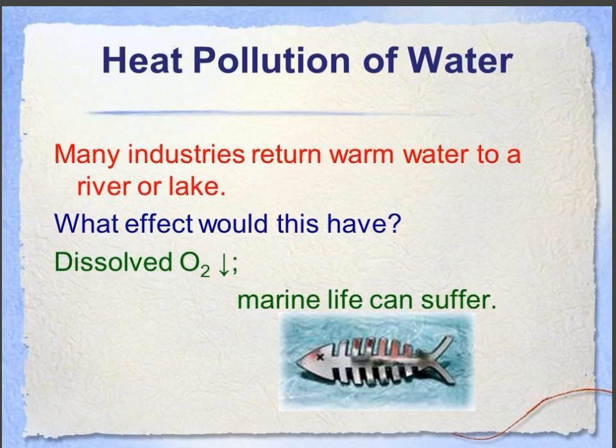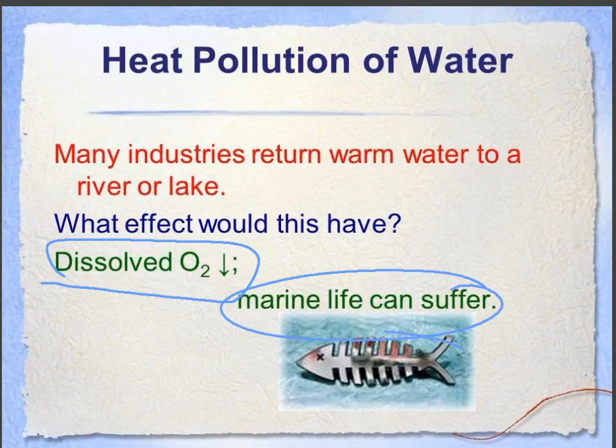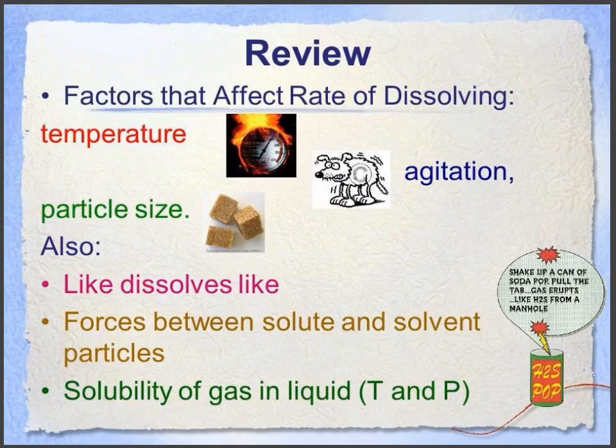There is less dissolved O2, or oxygen, in warm water, so marine life will suffer. Why? Organisms under the sea also need oxygen for their survival.